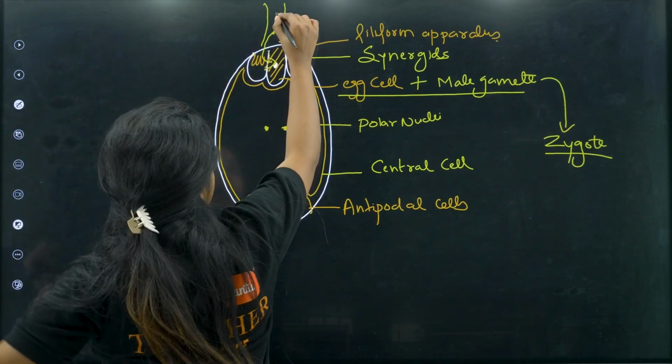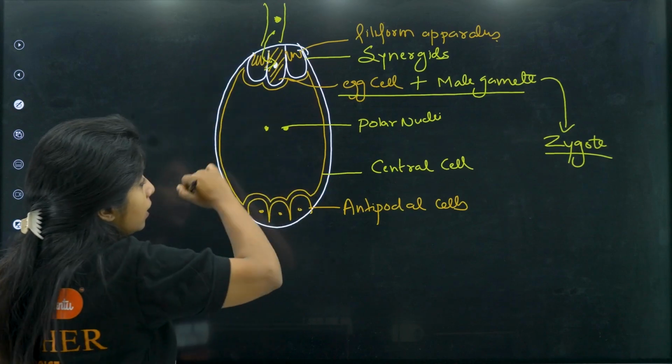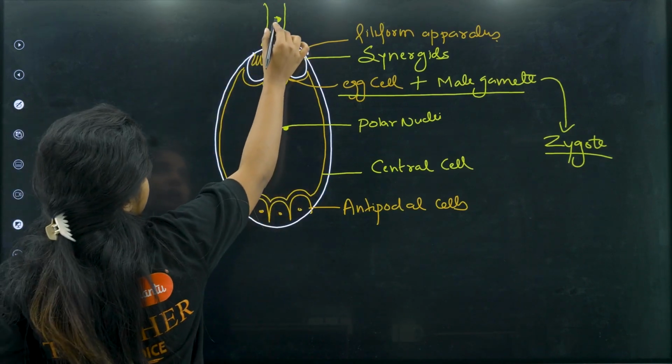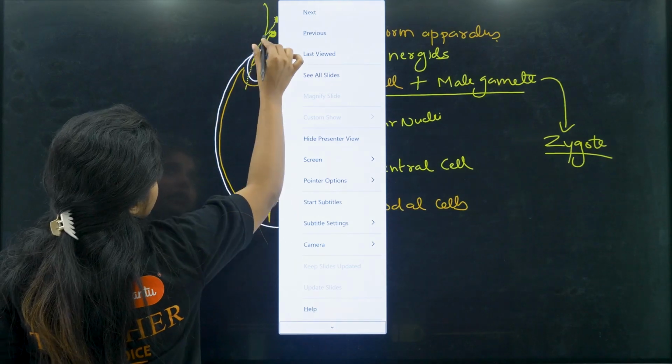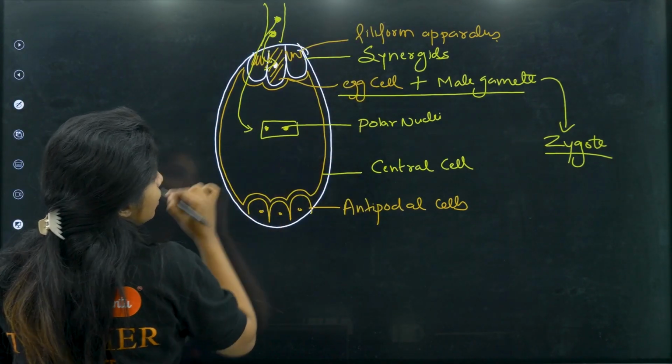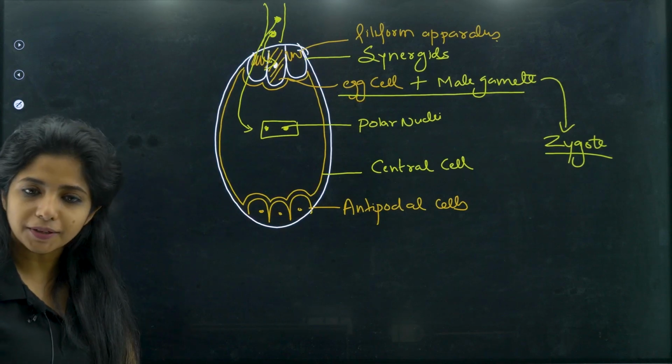Now the next male gamete, remember there are always two male gametes, will come in and fuse with the two polar nuclei that you see over here.